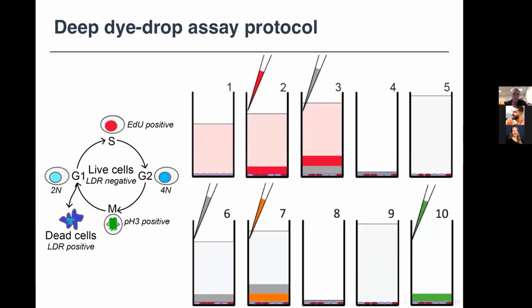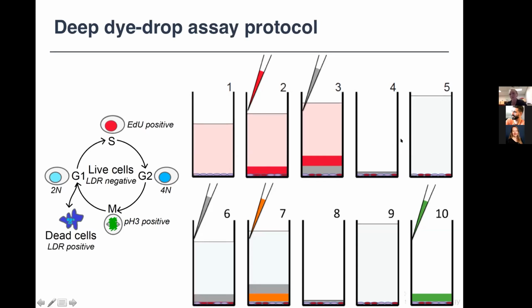The deep dye drop variation is performed very similarly. So in addition to adding in a live dead dye prior to fixation, you're also adding in EdU, which is then incorporated into DNA that's actively being synthesized in the S phase of the cell cycle. Then they're fixed.